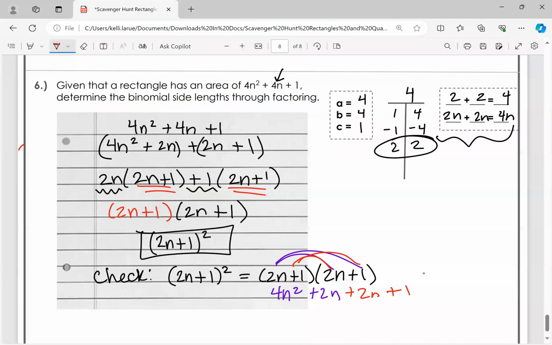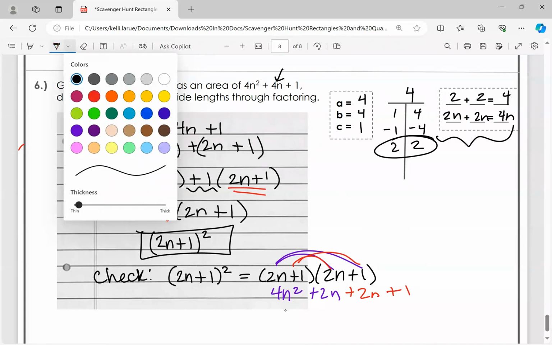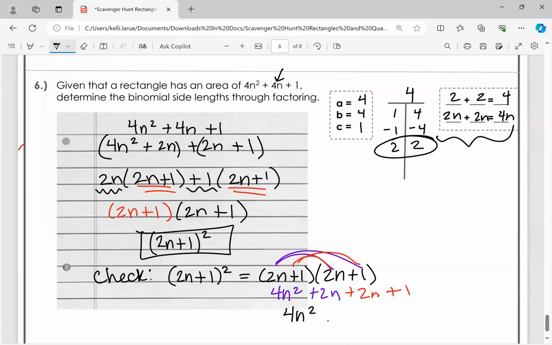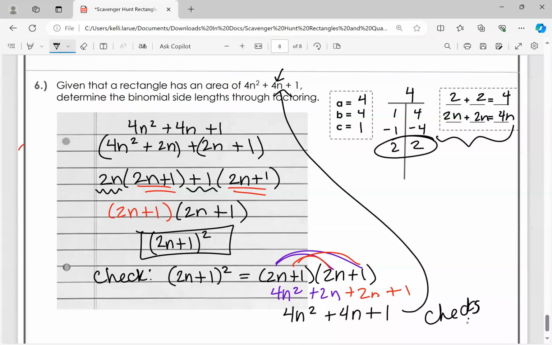Again, I'm going to take a minute to pause and emphasize that that is exactly what we had up here. So let's go ahead and continue on. Combining our like terms, we find that 4n squared plus 4n plus 1 would be the exact same thing we started with up here. So this checks out, which means that our solution right here is good. It is correct.